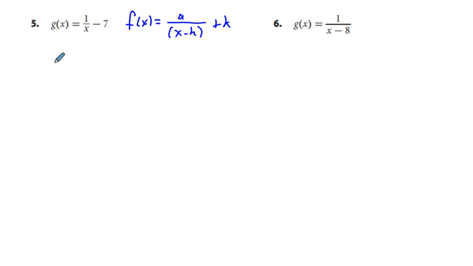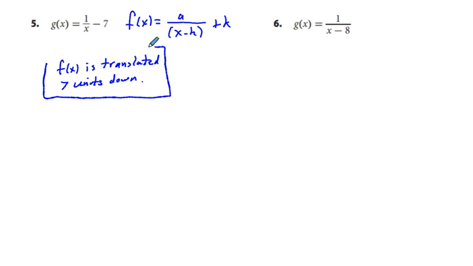So to translate f of x to become g of x, we'll say f of x is translated 7 units down. And these are also very easy to graph in your graphing calculator to see what they will do, as a test of your understanding.